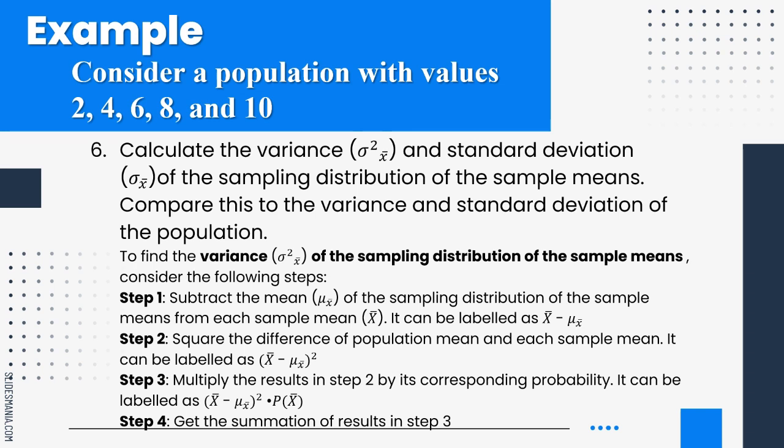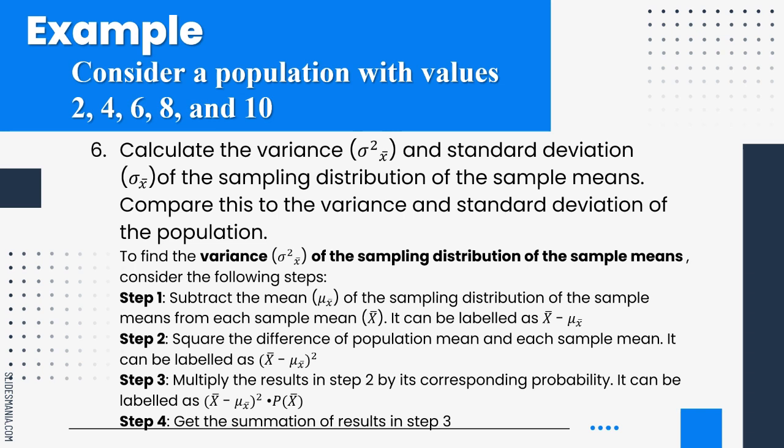Subtract the mean, the mu sub x bar of the sampling distribution of the sample means, from its sample mean x bar. It can be labeled as x bar minus mu sub x bar. Step 2. Square the difference of the population mean and its sample mean.